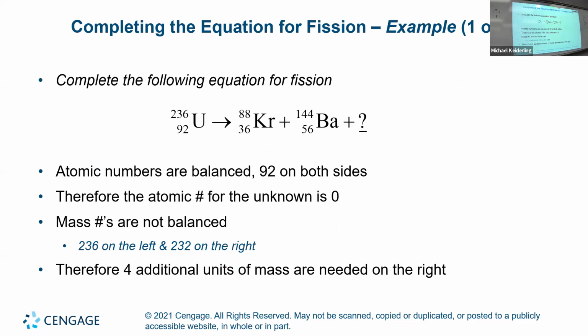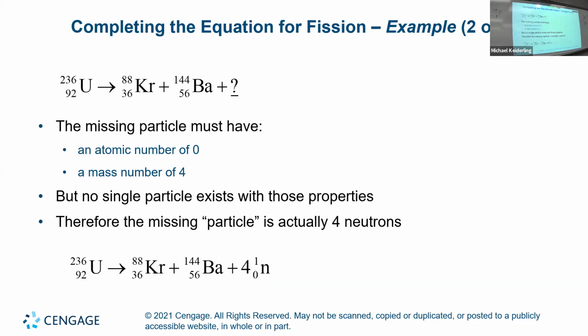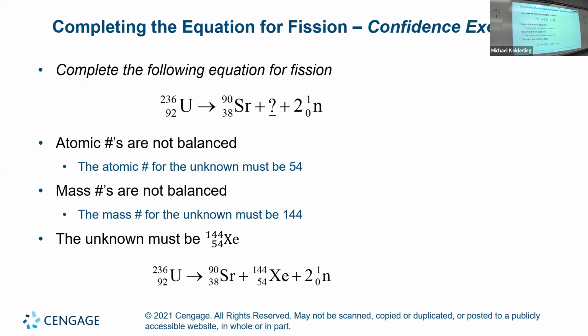So you get 4 additional units of mass needed on the right, 4 neutrons are released. This is 4 neutrons. And here's uranium-236, putting the strontium in, 2 neutrons, and that's a xenon-54.